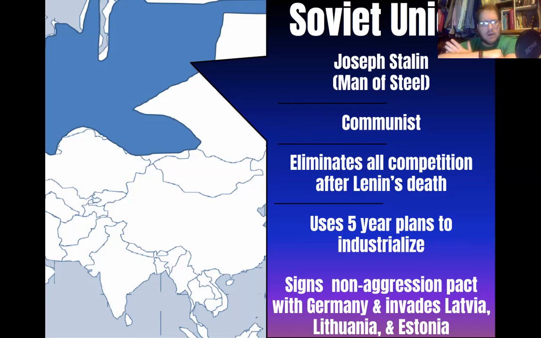So they signed a non-aggression pact with Germany, and then invade areas in Eastern Europe instead, to kind of increase some of their power projection or territory.